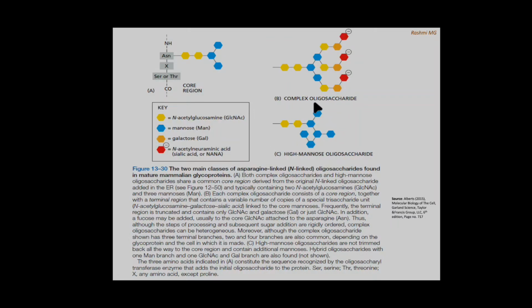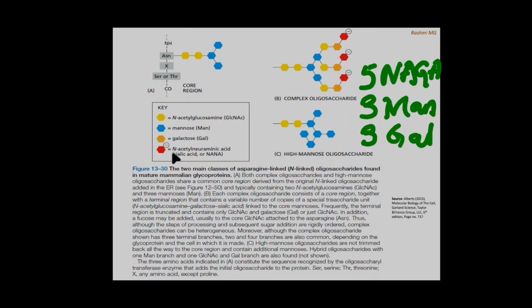So a complex oligosaccharide is having how many N-acetyl glucosamine? 2 plus 3 is 5 N-acetyl glucosamine, that is NAGA 5, and mannose 1, 2, 3 in blue color, 3 mannose, and how many galactose? 3 galactose, and how many NANA? 3 NANA, that is sialic acid, 3 NANA.